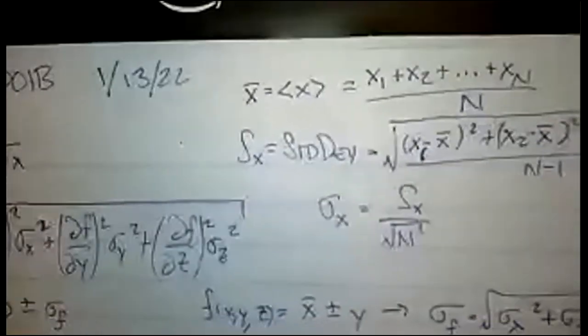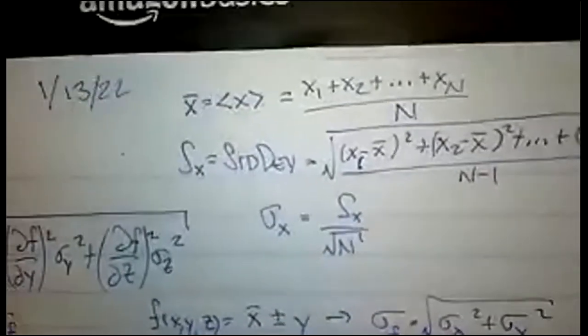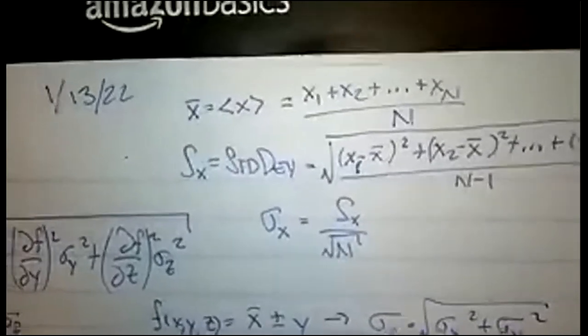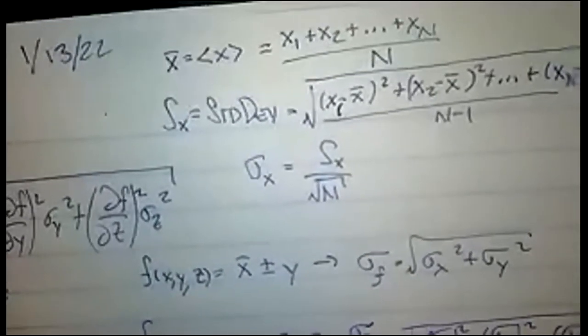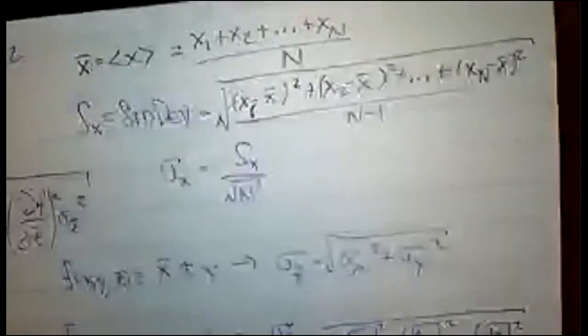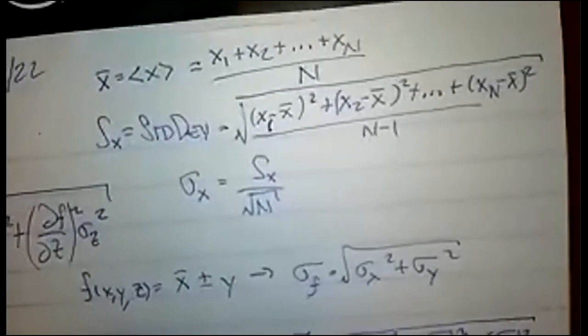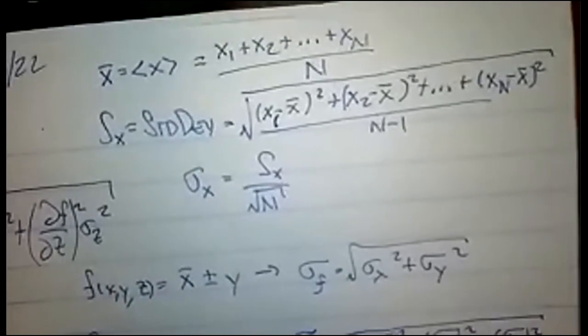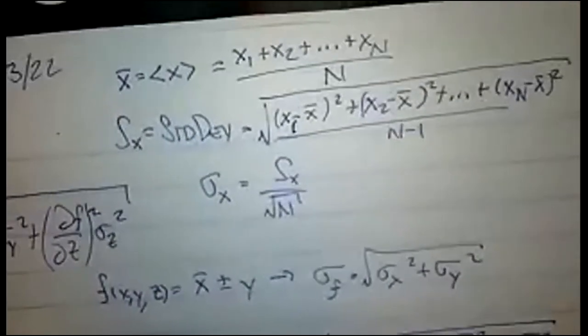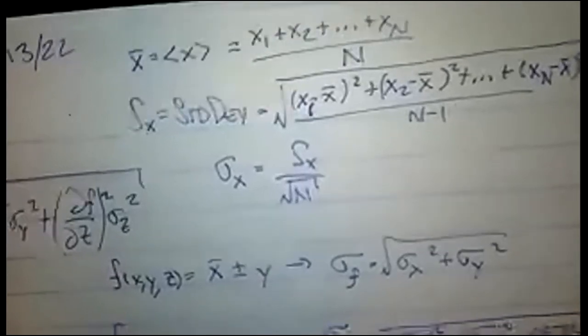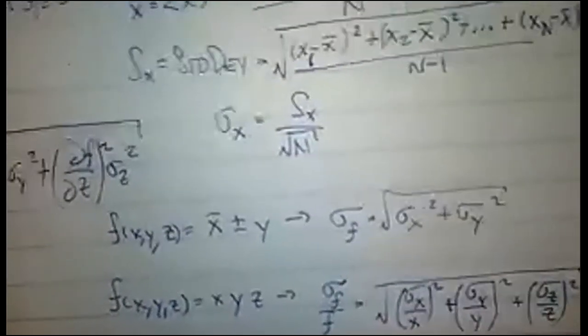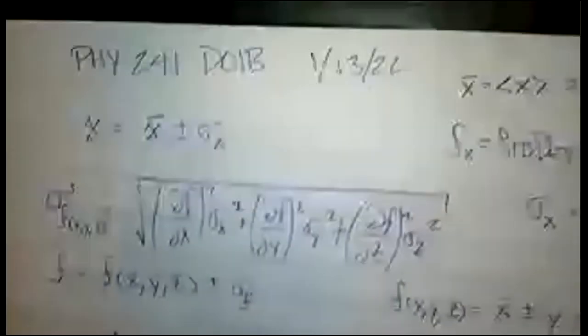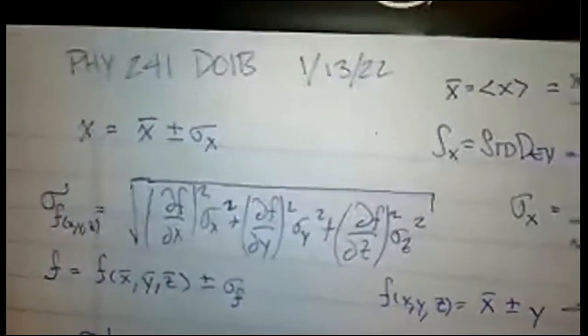The X bar generally is the average that you see up there, X1 plus X2 plus ... divided by N. The sigma X is actually the standard error, which you see right there, but that comes after you find the standard deviation, which is taking the sum of the squares of the deviations, dividing it by N minus 1 and taking the square root of that. Once you have that standard deviation, you just divide it by the square root of the number of trials and you get the standard error, which is what goes right there.